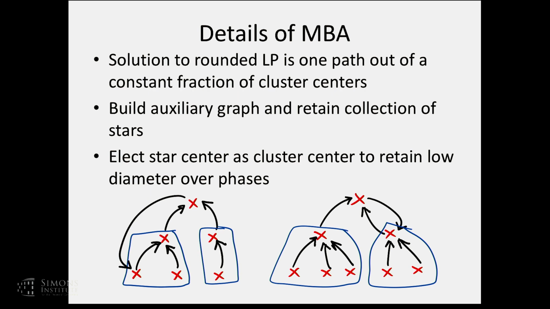If you really want details, what you'll get at the end of this rounding is from everybody you'll get one path to somebody else. Okay, so now you can build this pseudo auxiliary graph where everybody has one edge going out. You'll get some kind of a bunch of pseudo trees like this. But now I can't use all of these paths because one of these trees may just be a long path.